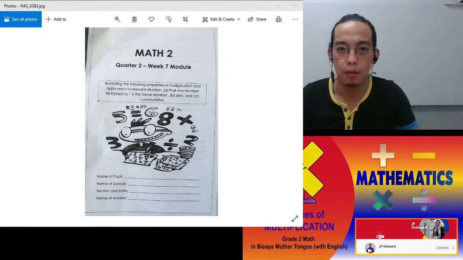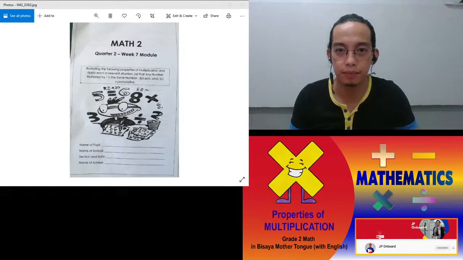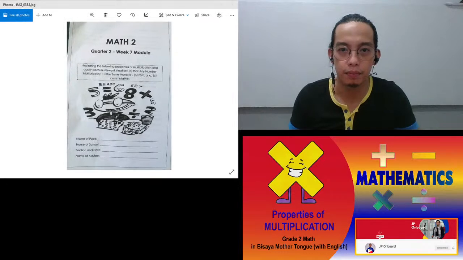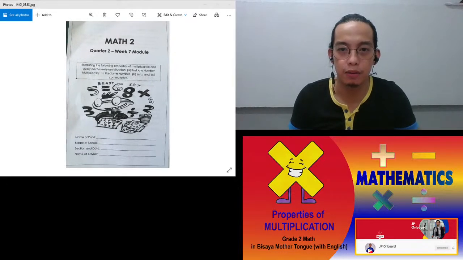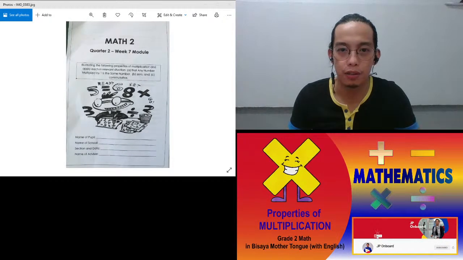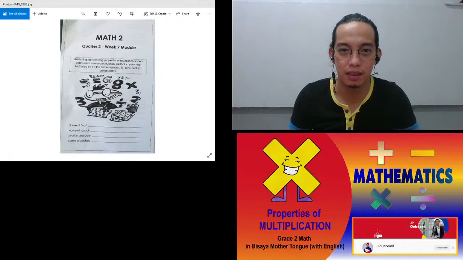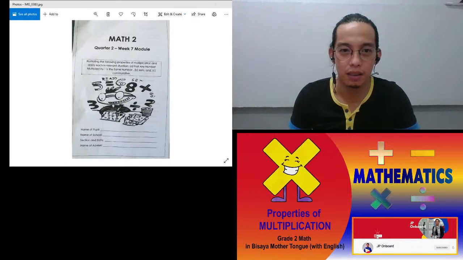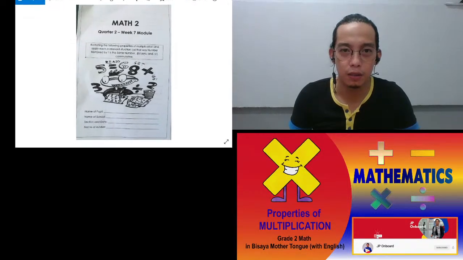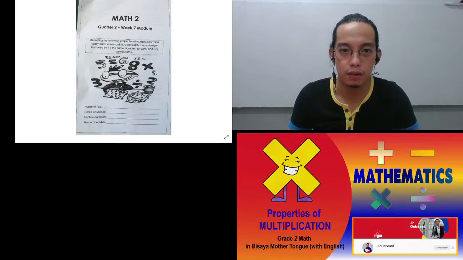That's our module for today. And let's pull out our scratch paper. Paint, of course, none other than paint.